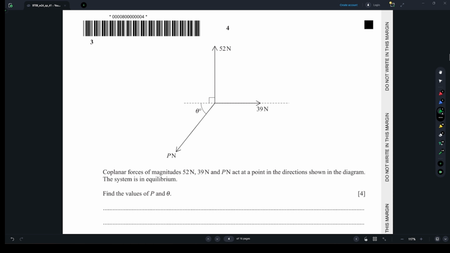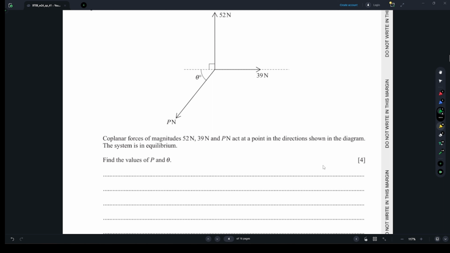So now question 3. Let's see what we can do here. Coplanar forces of magnitude 52, 39, and P act at a point in the directions shown in the diagram.